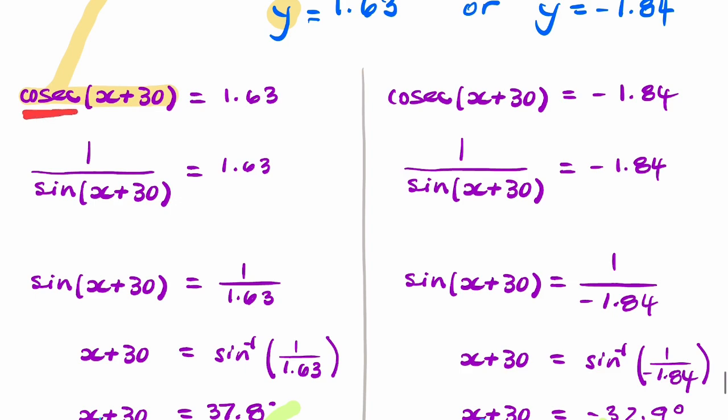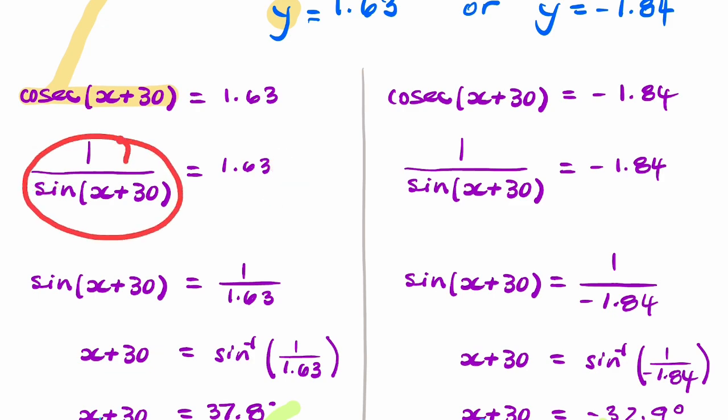Now cosecant is 1 over sine, so you replace the cosecant with 1 over sine. And then somehow you need to rearrange this. You can either multiply both sides by sine, or you can cross multiply, or you can invert both sides or flip both sides.